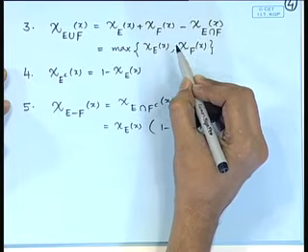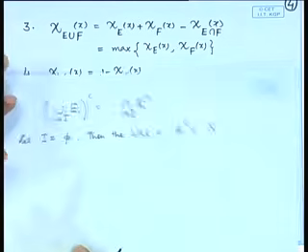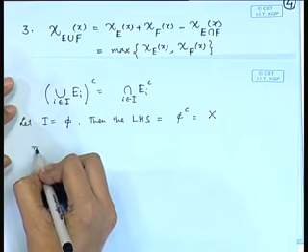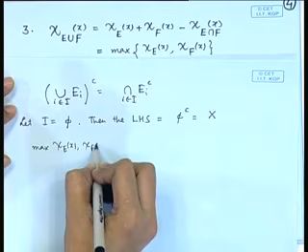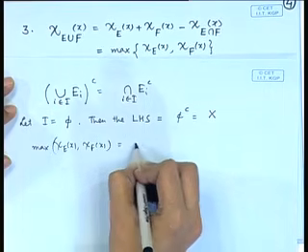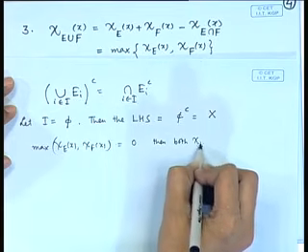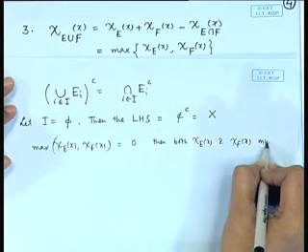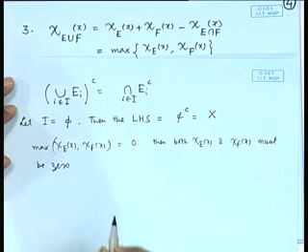Once again, to look at the proof of this, we can see that if we write the maximum of chi E of x and chi F of x to be say 0, then both chi E of x and chi F of x must be 0.